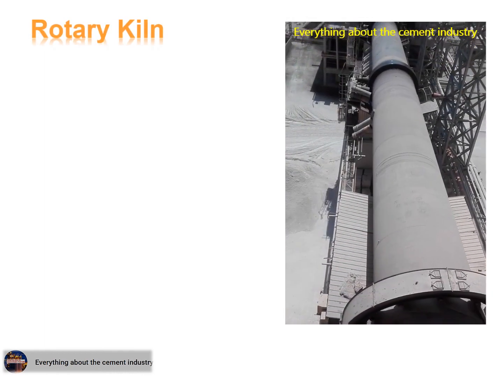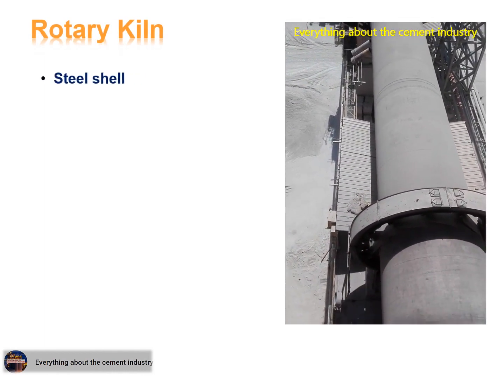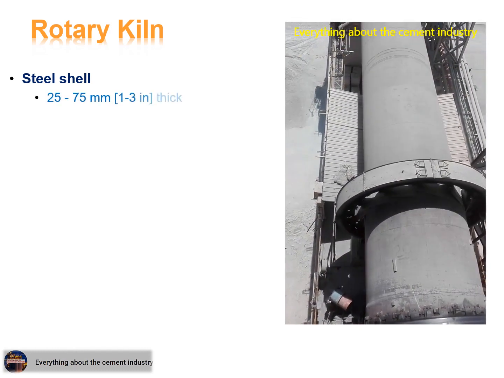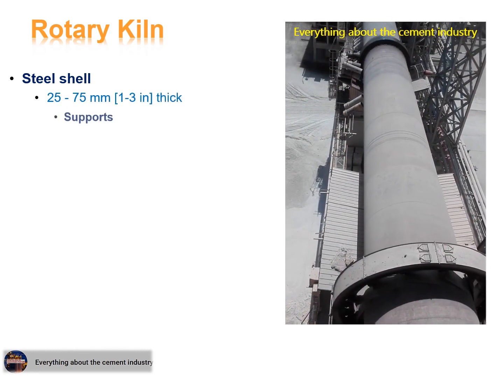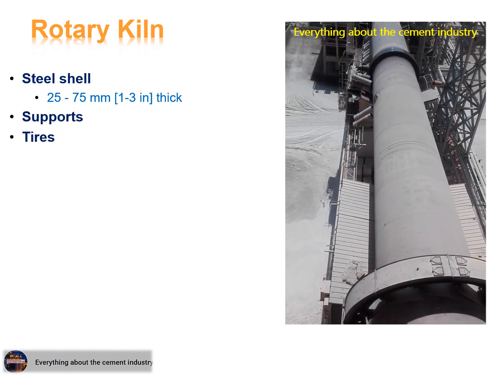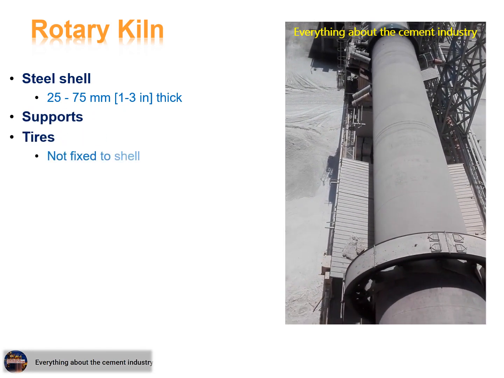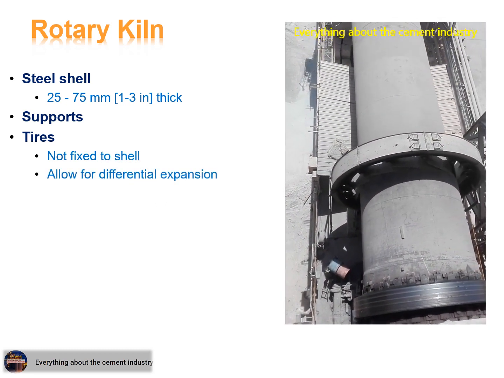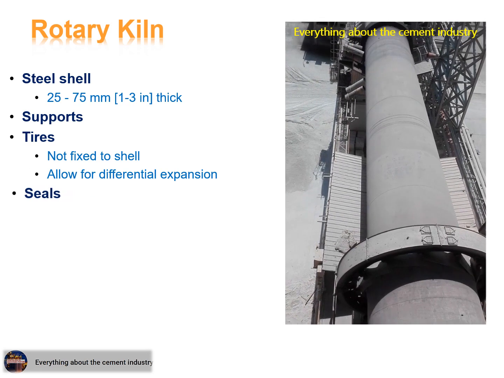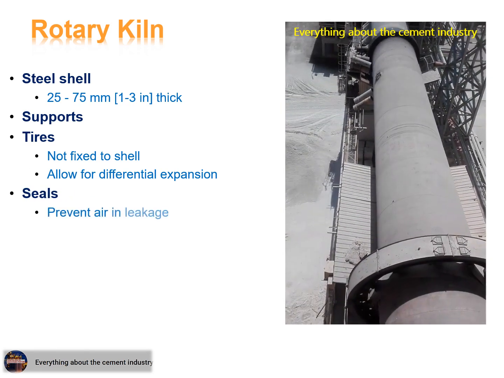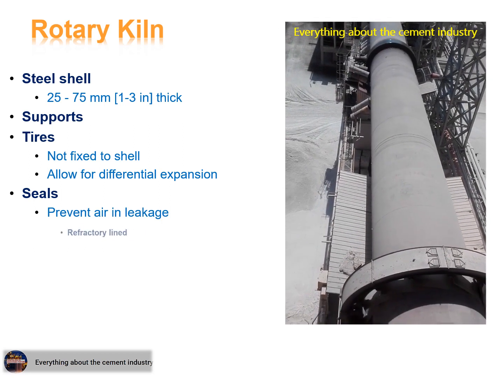Rotary kiln, consisting of: 1. Steel shell, 25 to 75 mm thickness. 2. Supports. 3. Tires, not fixed to the shell, allow for differential expansion. 4. Seals: the function is to prevent air in-leakage. 5.